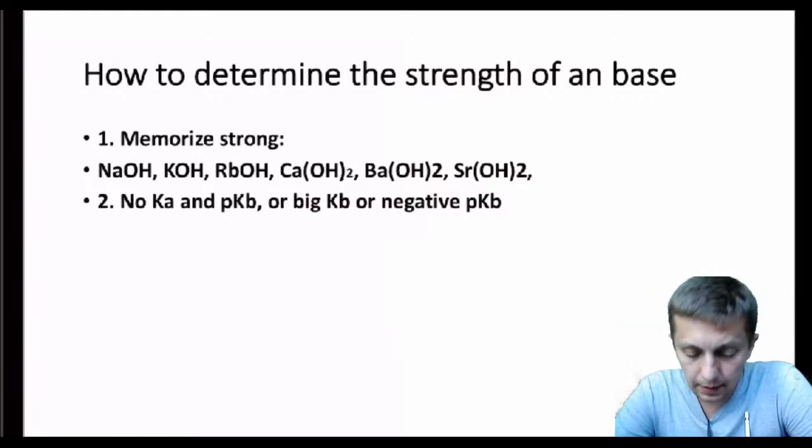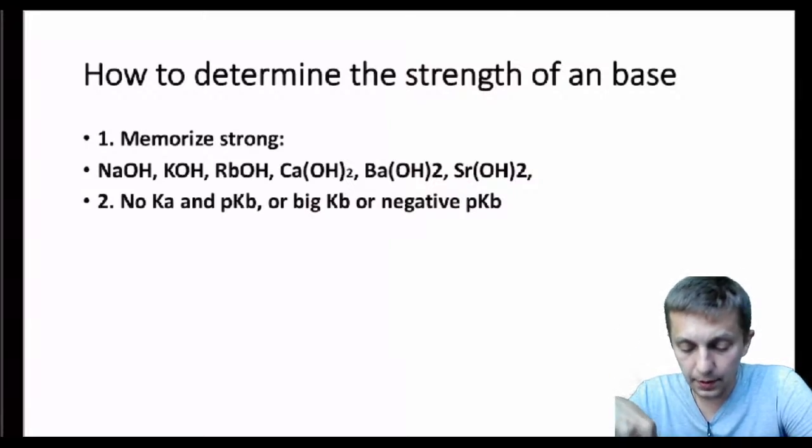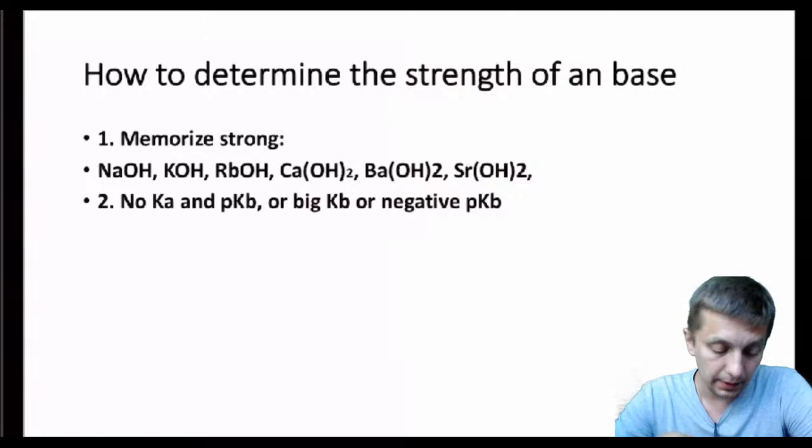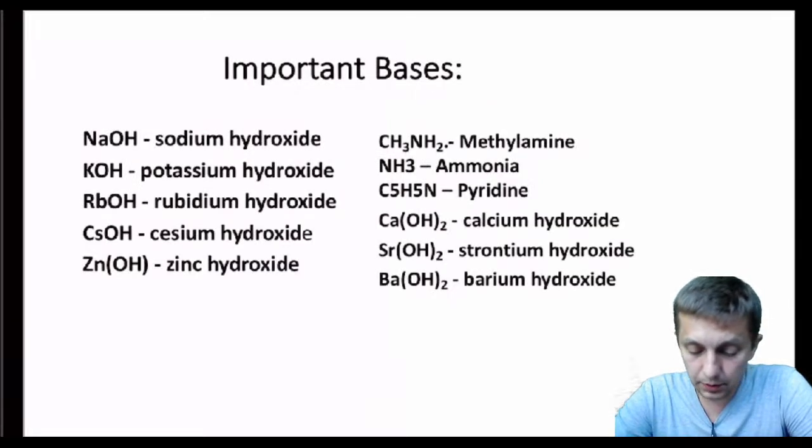And if you forget it, sometimes you can find additional data. If there is no data in the table with Ka, pKa, or a big pKb or negative pKb, it means it's a strong base. But the easiest way, I think, is to memorize it.